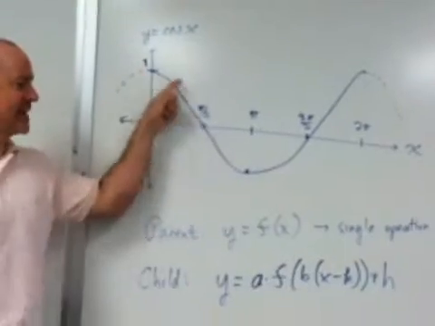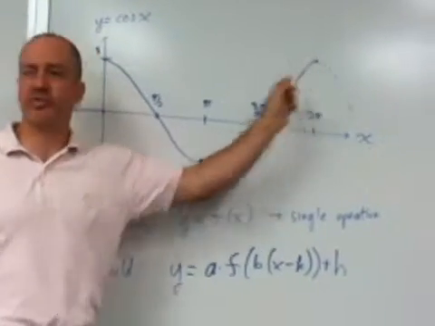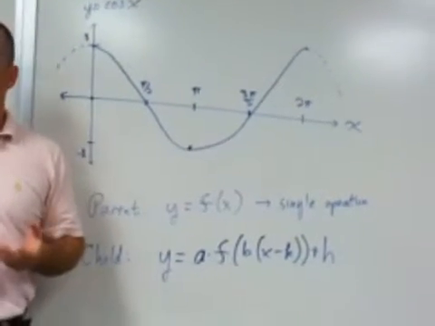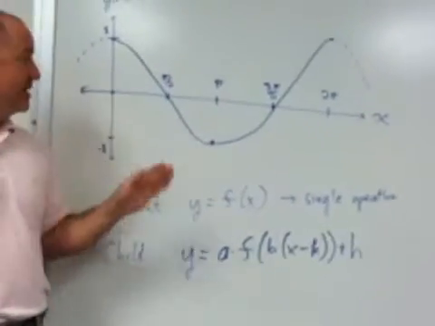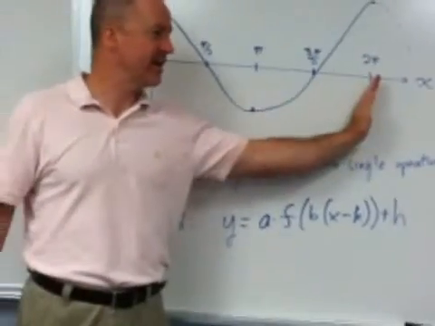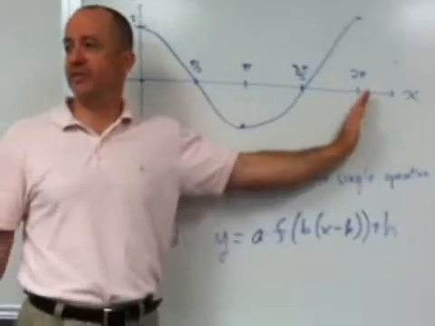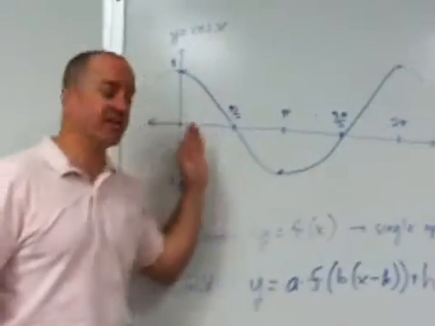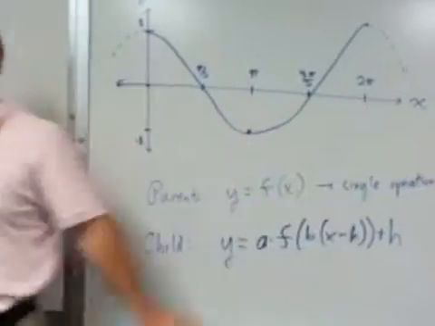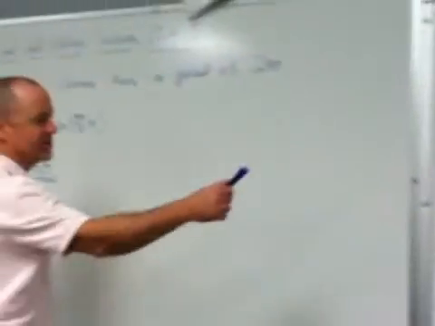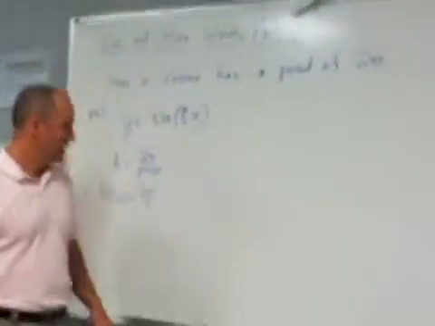How far down the x-axis do we go before this starts repeating itself? 2 pi. Same as the length around a unit circle, because that's where we got it from. So we go from 0 to 2 pi over 1 full period of this cosine. The sine also went from 0 to 2 pi before it started repeating itself. b is what you divide all your x's by.